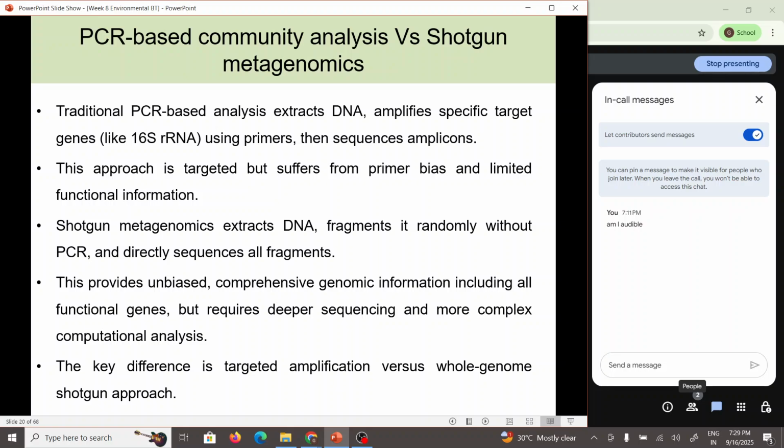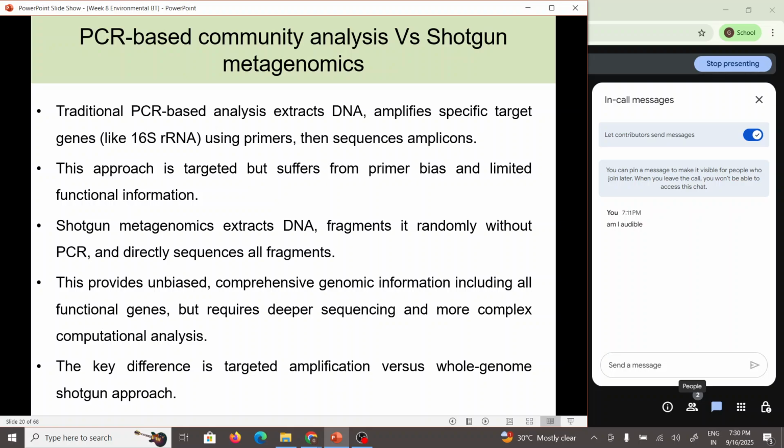So traditional PCR based analysis extracts DNA and amplifies the target genes. This is possible only when we know a specific target gene like the 16S rRNA, which is a universal gene present in prokaryotes. In case of eukaryotes, it is the 18S rRNA gene. So using primers, we first amplify the genes and then we sequence the amplicons.